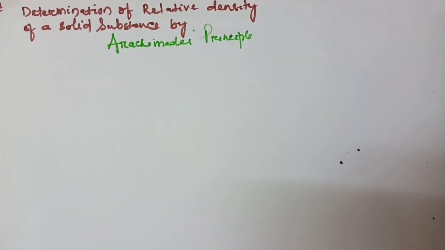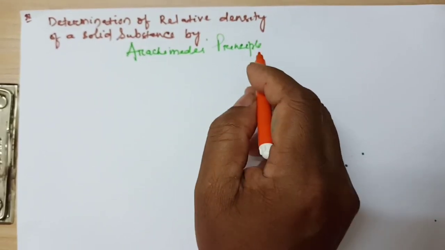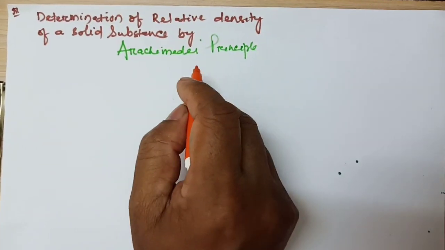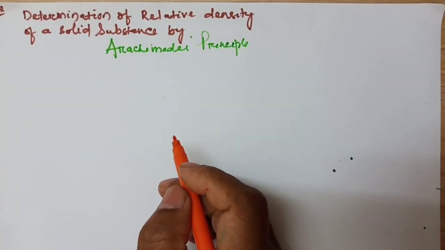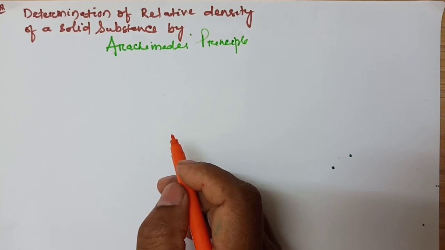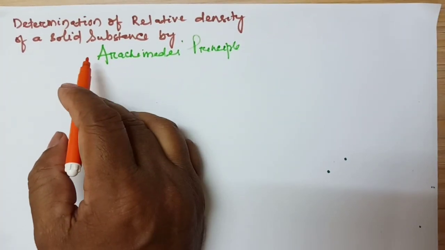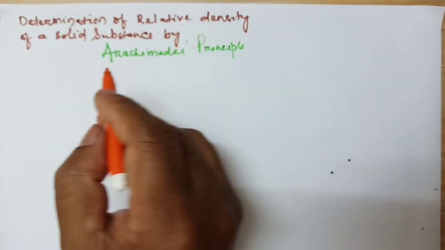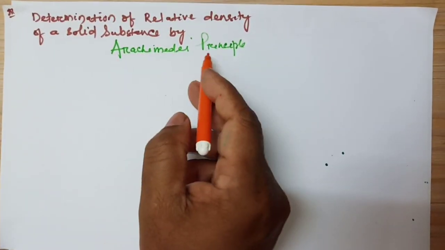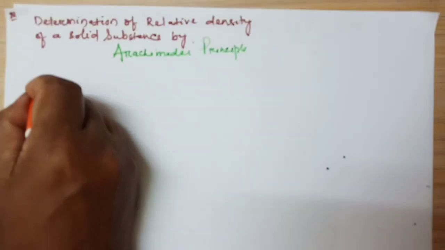Now come to the determination of the relative density of a solid substance by Archimedes principle. So how will we find the relative density of a solid substance by using Archimedes principle? Now write RD.